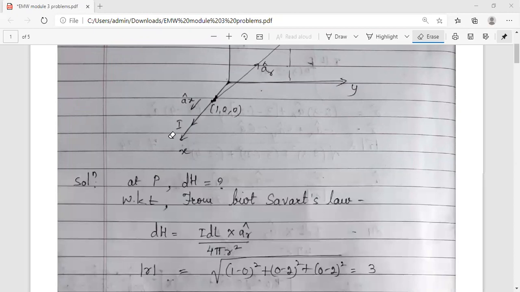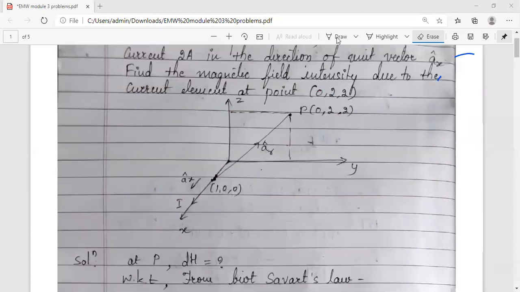You can see what all things are given to you. I have not listed them, but I have tried to put that in the form of a figure. This is your XYZ rectangular coordinate system. What is the given thing? It is in the direction of aX.